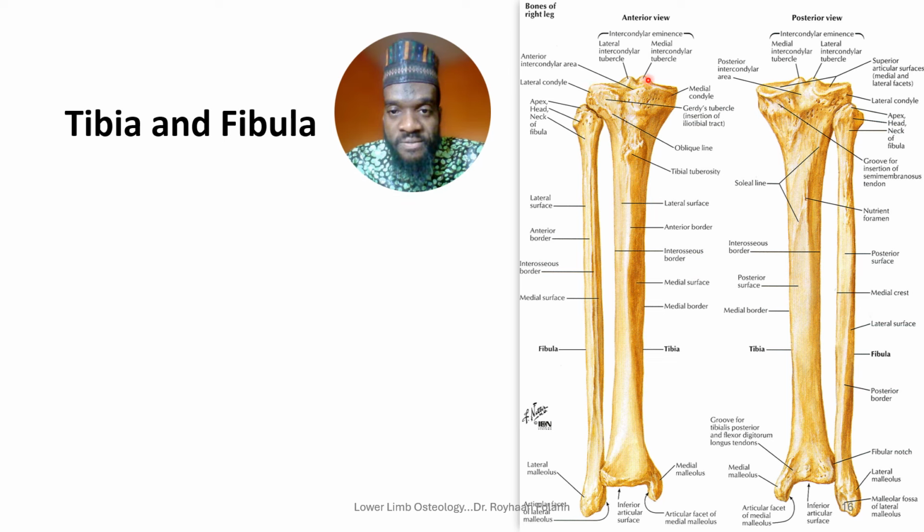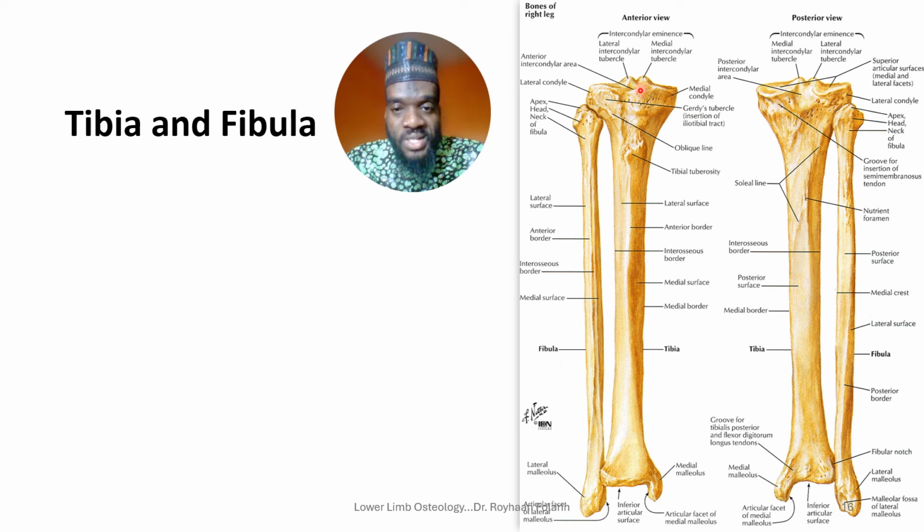So we have two eminences between both condyles. All right, so that's why they are referred to as tubercles. Both of them are referred to as tubercles, and because you have them between both condyles, they are called intercondylar tubercles.